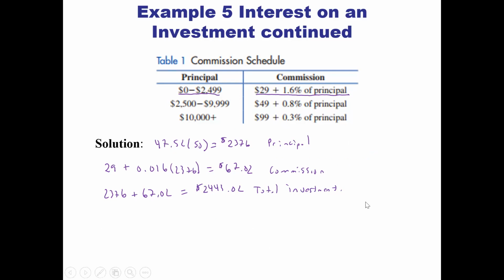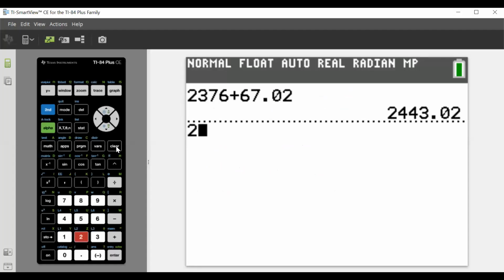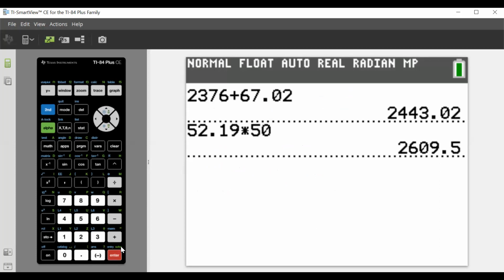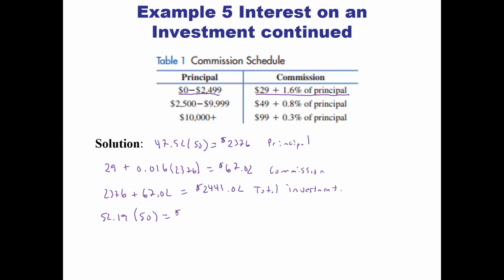We sold it for $52.19, so we take 52.19 times our 50 shares. That's 2609.50, and we write that down so we remember it. That's going to be our principal.